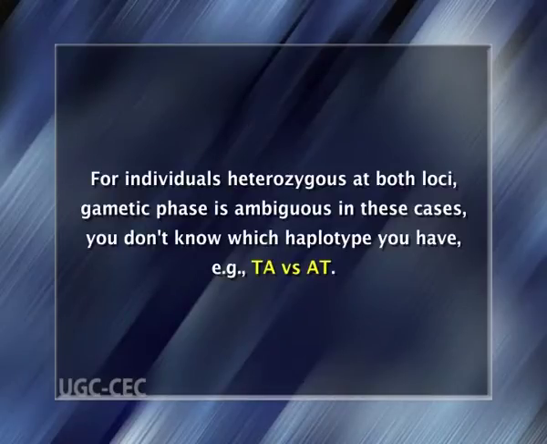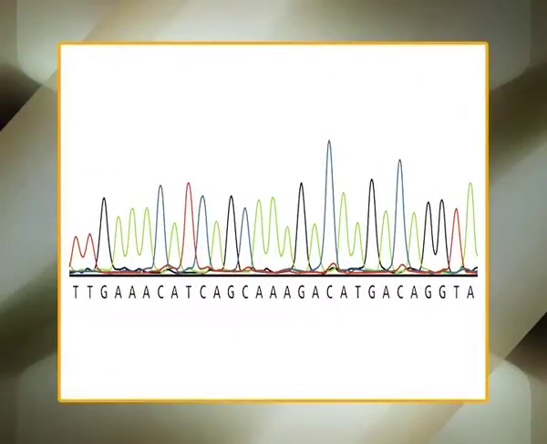For individuals heterozygous at both loci, the gametic phase is ambiguous in these cases. You do not know which haplotype you have, for example TA versus AT. The only unequivocal method of resolving phase ambiguity is by sequencing.